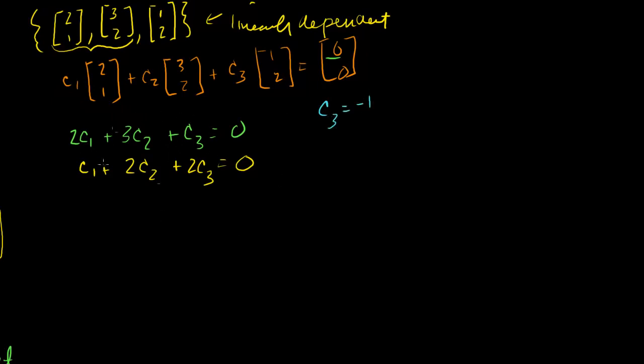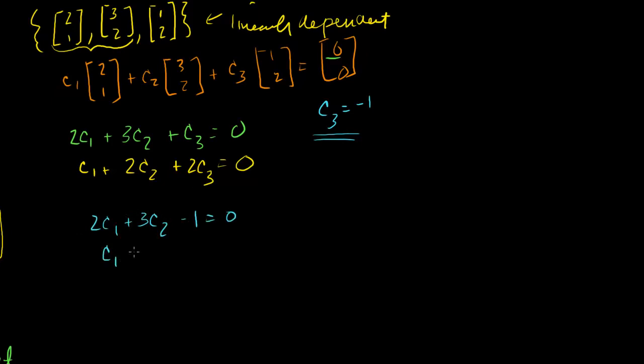So what would these two equations reduce to? If you have 3 unknowns and 2 equations, it means you don't have enough constraints on your system. I just picked c3 out of a hat. I could have picked c3 to be anything. But if I set c3 to be equal to -1, what do these equations become? You get 2c1 plus 3c2 minus 1 is equal to 0.